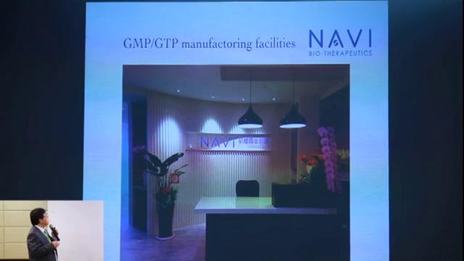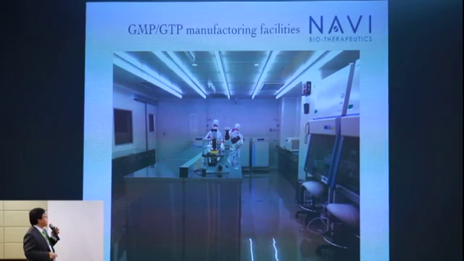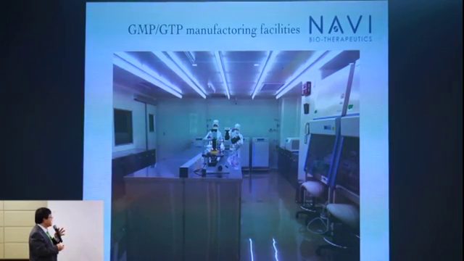My company has our own GMP and GTP manufacturing facility. It is the face of my company. I have my own lab under the regulation of GMP and GTP. It is the clean room and all the facilities under the regulation.